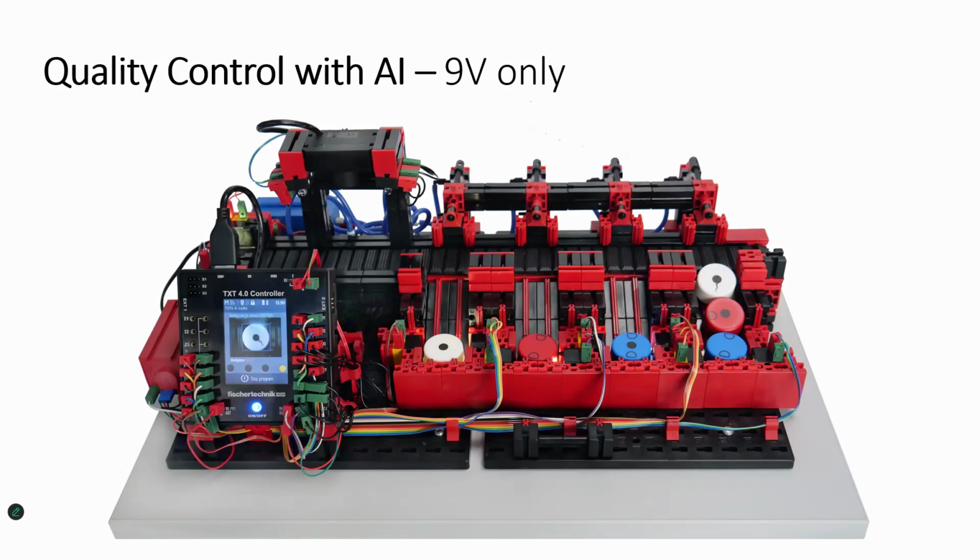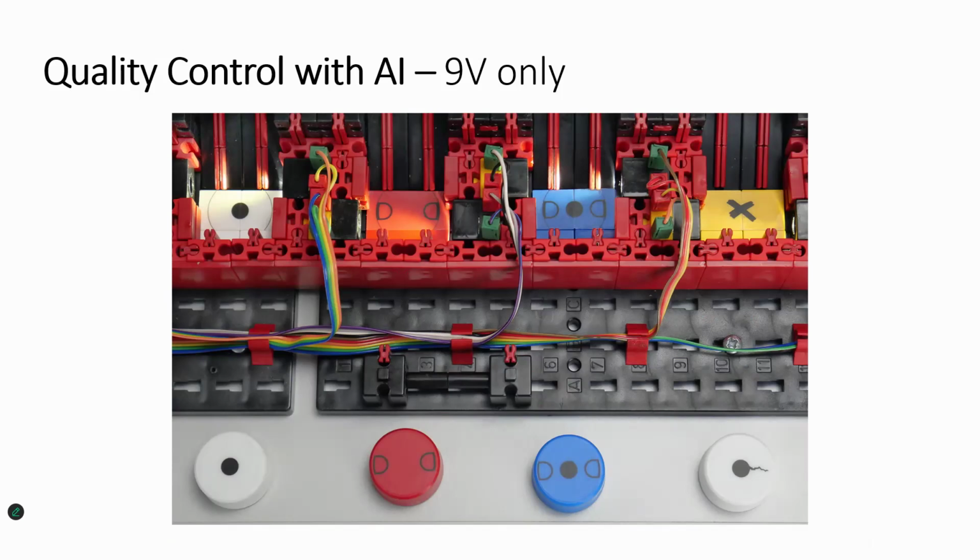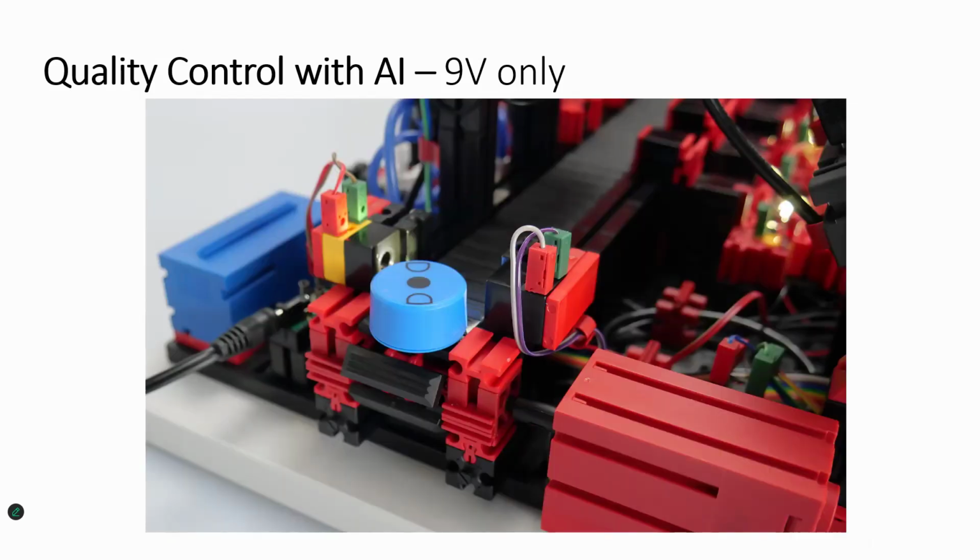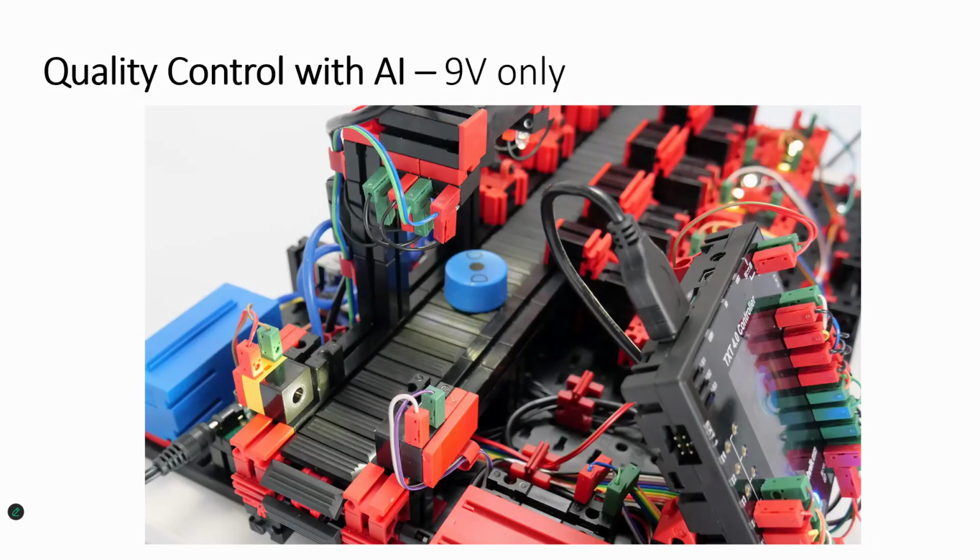Now, the Fischertechnik sorting line here comes with workpieces in 3 different colors, which of course you've seen before, but in this case, the workpieces are marked with 3 different processing characteristics, as well as with various fault patterns. So what happens is the workpiece is put on the conveyor belt.